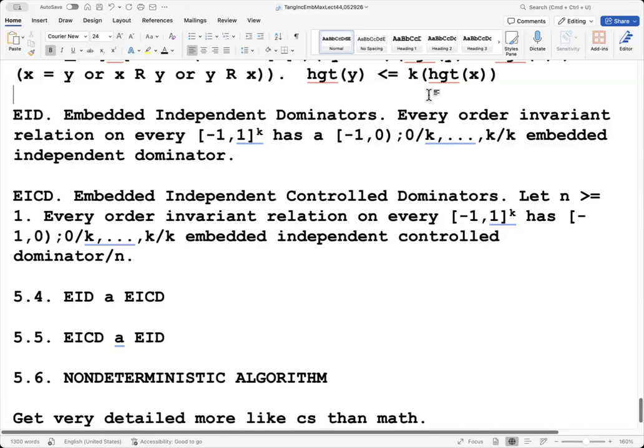If that's the height blow up you want, does that work? Now there is a dimension k going on here. So what I'm saying probably needs to have k in it. But you could fix k to be 2.